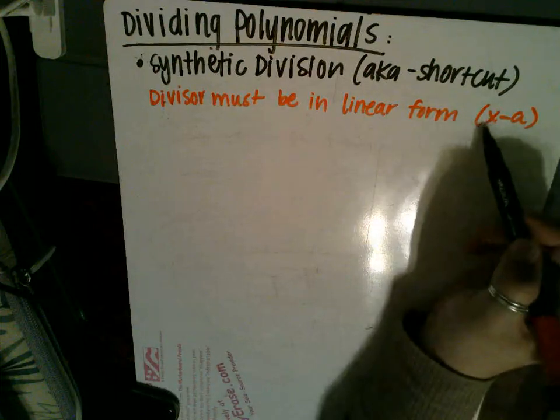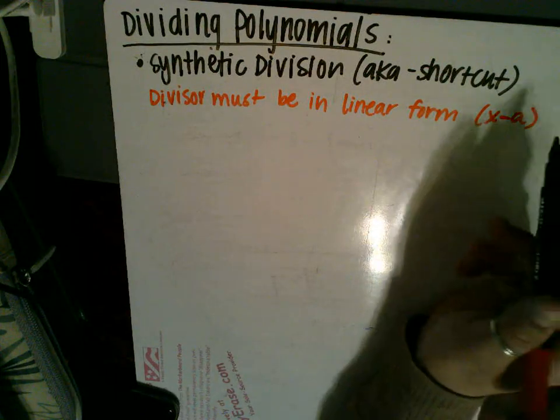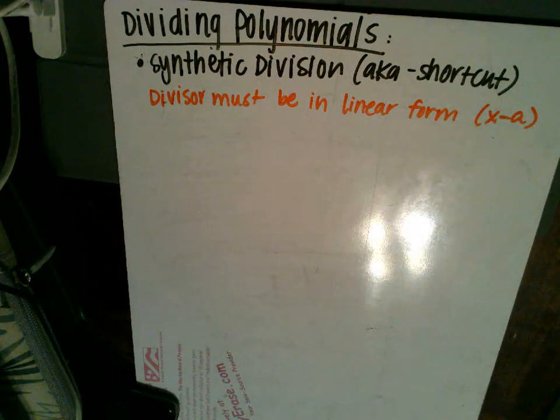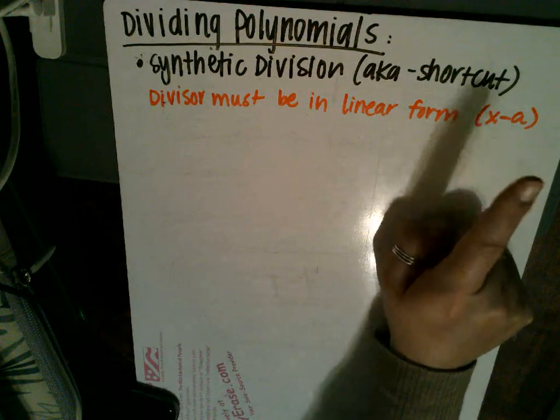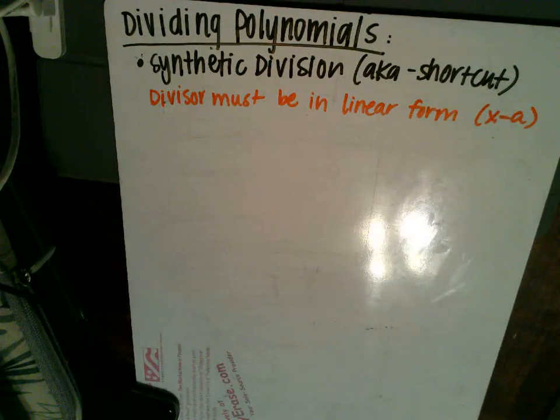There's no number in front of x. If it's not, when you perform synthetic division, your quotient will be off by a factor of whatever this number is, and so you have to account for that. So it's just easier if we say that your divisor must be in linear form.